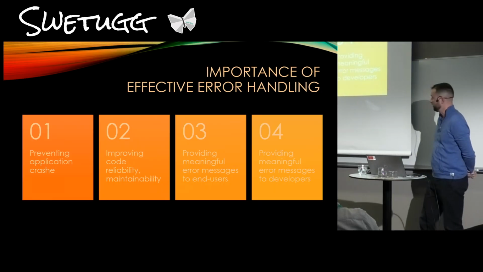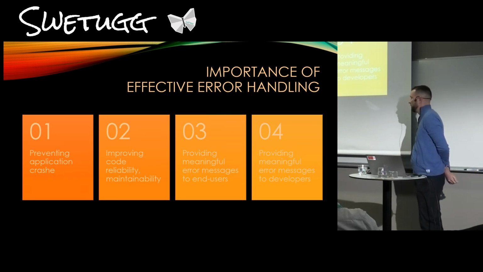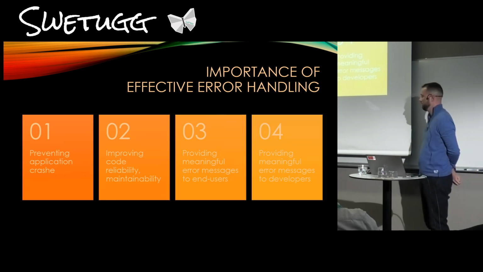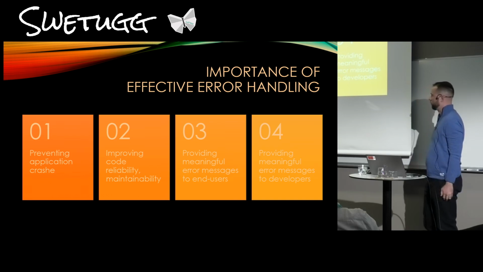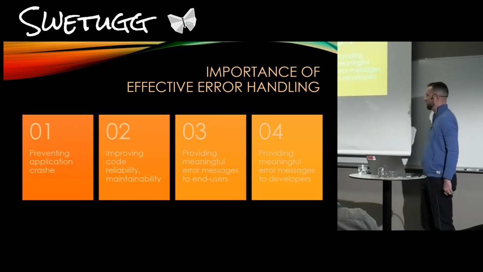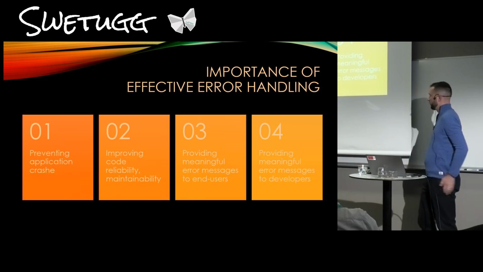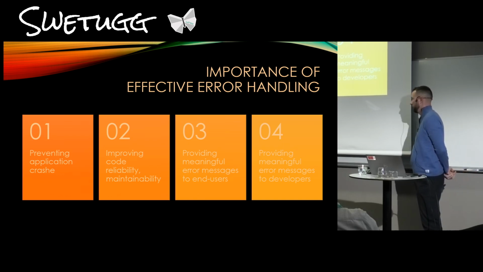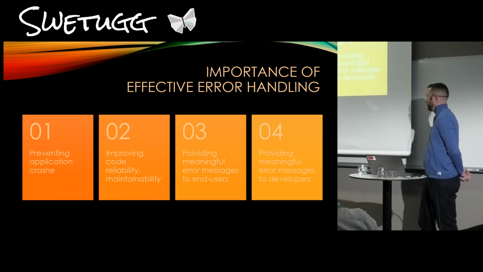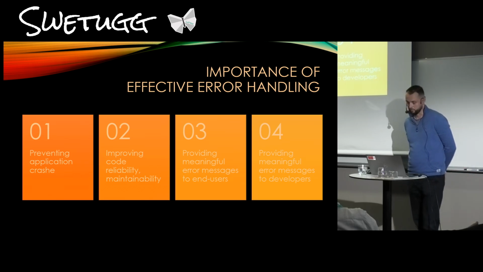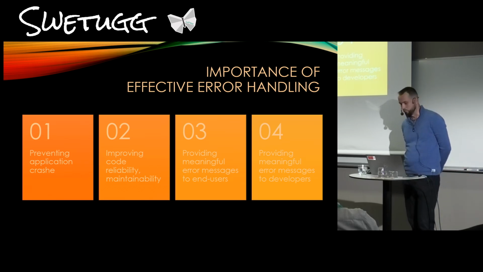Why is it important? It's definitely because of preventing application crashes. Because when something goes wrong, like there is no entity in the database that you are looking for, or something is null, or you are trying to access an array with an index that is out of bounds, the app would crash if you did not have some exception handling mechanism, and that would not be good for the user.